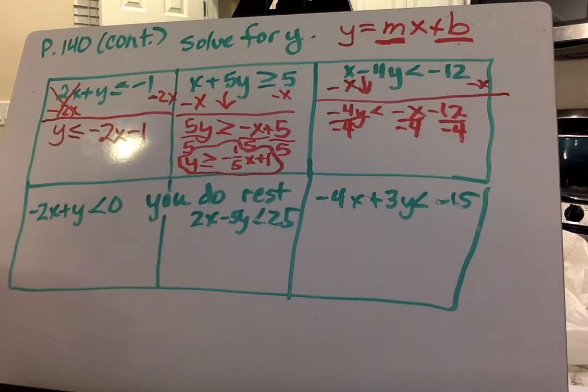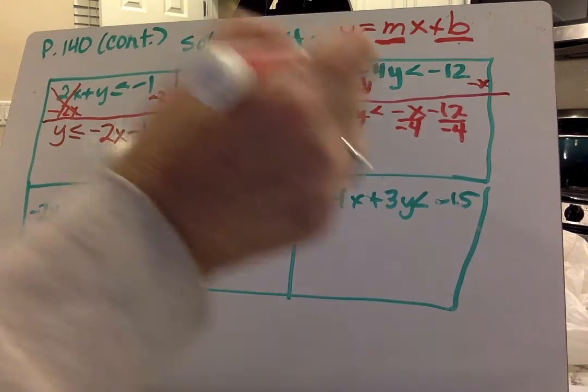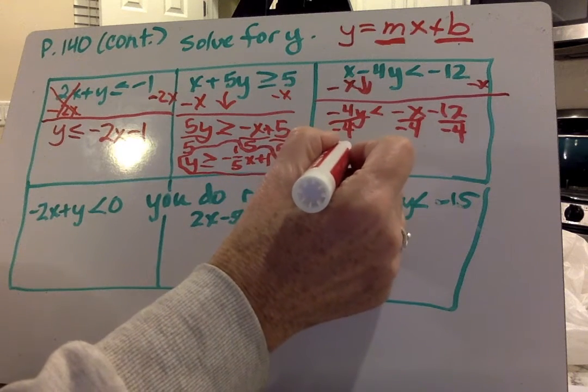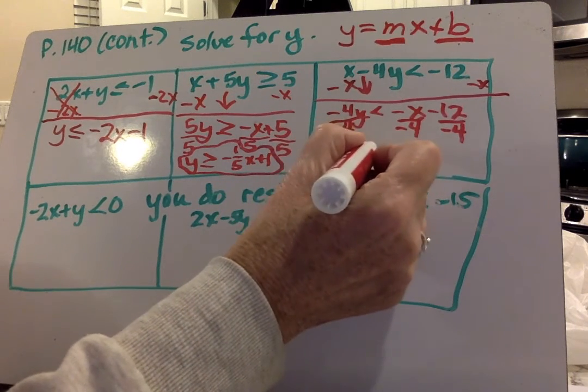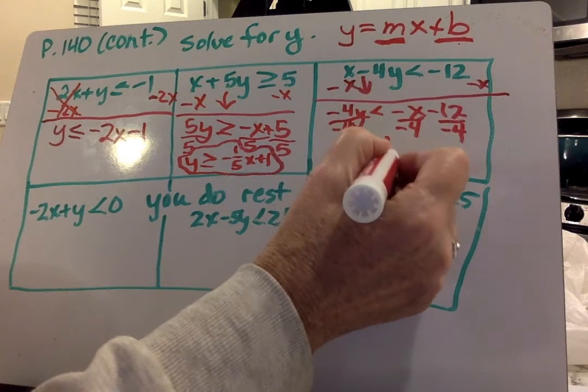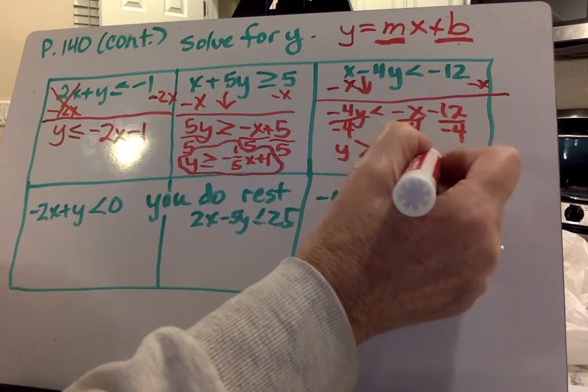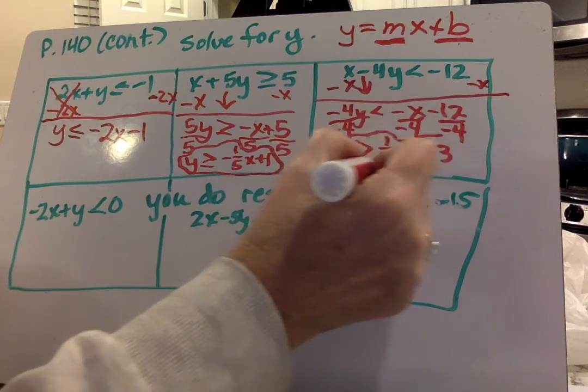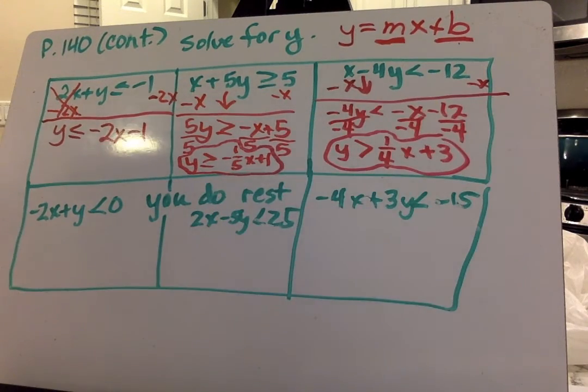I can't hear you. You have to switch the signs. So y becomes greater than 1/4 x plus 3. Okay? I'm going to go ahead and let you do the rest on that while I go on to the next page and do a couple of them.